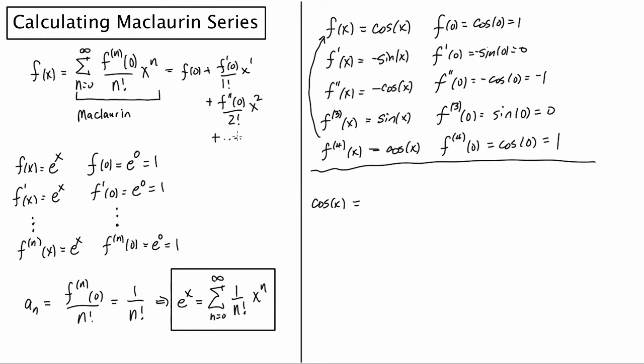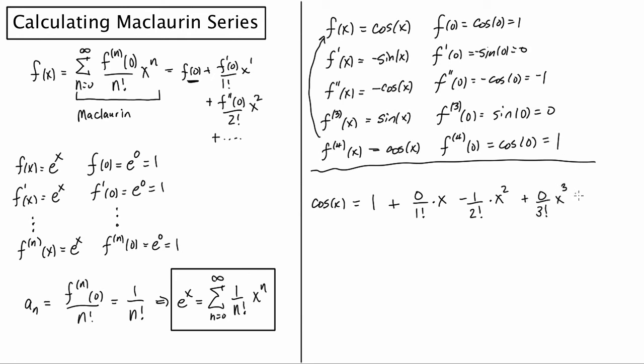If I write out those terms, f at 0 is 1, plus f prime at 0 is 0 over 1 factorial times x. The next term would be f double prime, which is negative 1 over 2 factorial times x squared. Then we would get plus 0 over 3 factorial times x cubed.